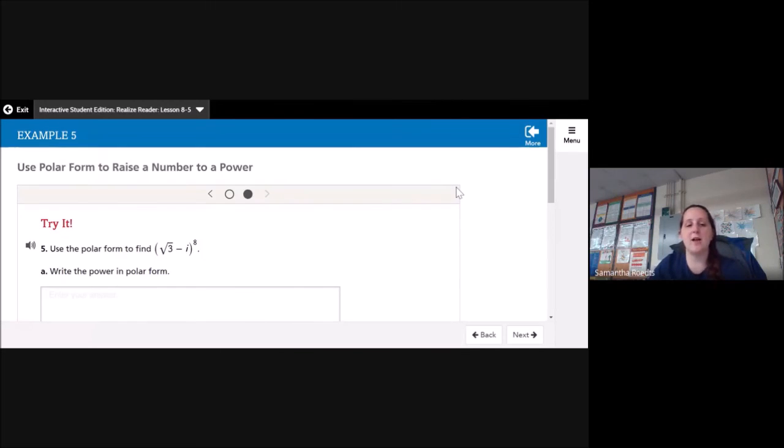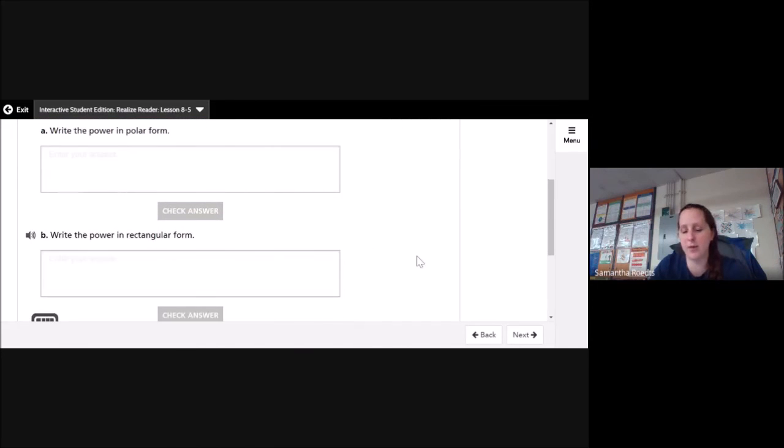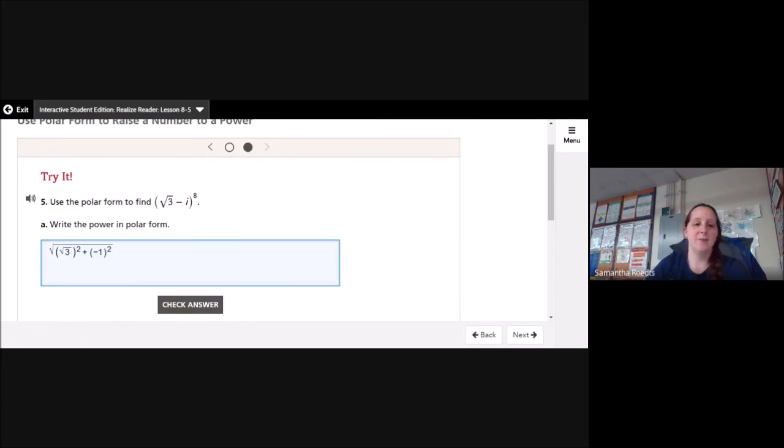So let's go ahead and try it. Use the polar form to find the square root of 3 minus I to the 8th. Write the power in polar form. And then I'm going to write the power in rectangular form. All right, so I'm taking the square root of the square root of 3 squared plus negative 1 squared, which is going to give me the square root of 3 plus 1, which equals the square root of 4, which equals 2.